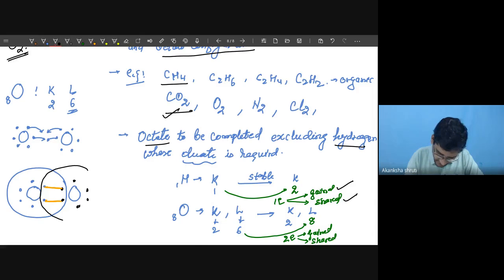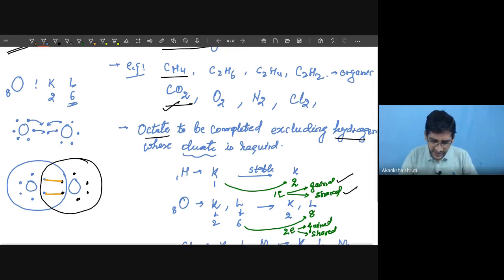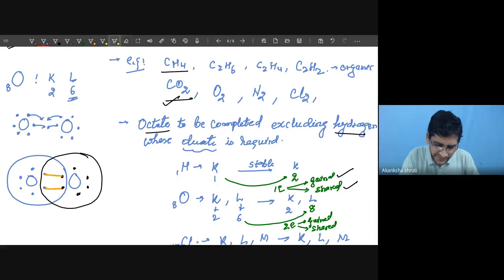The jurisdiction of the right oxygen will extend up to the two shared electrons of the left oxygen. Are we getting it? So this region, like this one, will be our shared region.